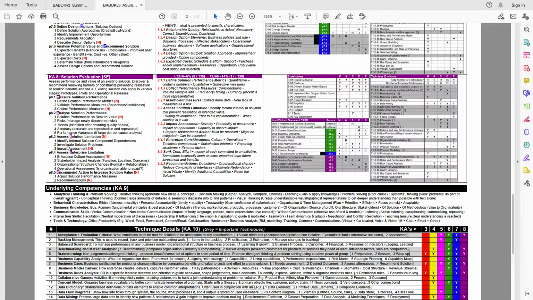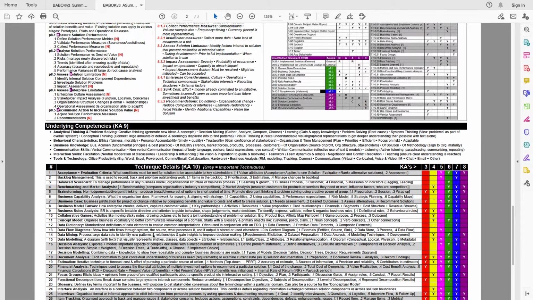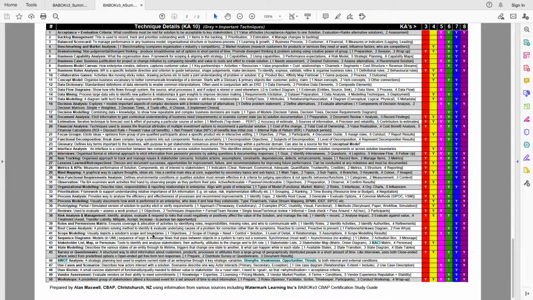So for instance, there are scenario-based questions saying, if a BA was doing this, what would the outcome be? So you need to understand what is considered a BA competency. And then, as I mentioned, here's the full list of the techniques, but you can still go and look at the detail level in the spreadsheet that is provided.